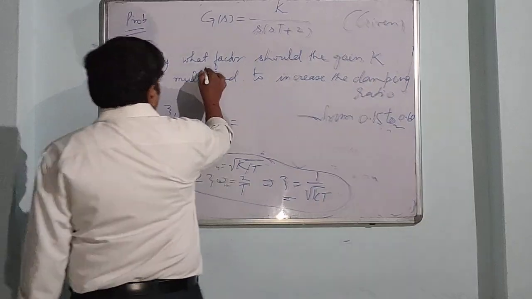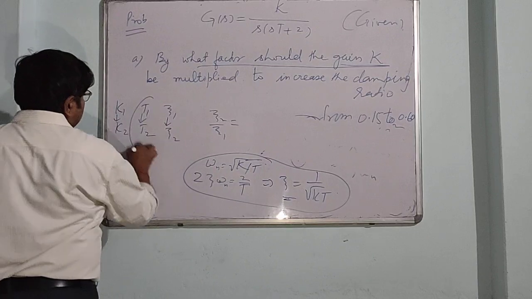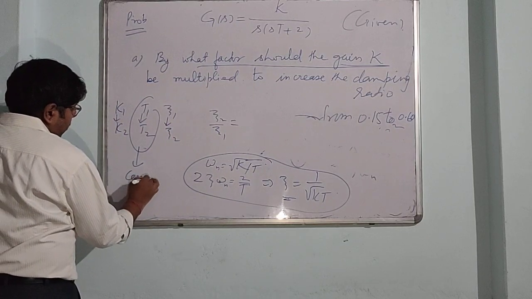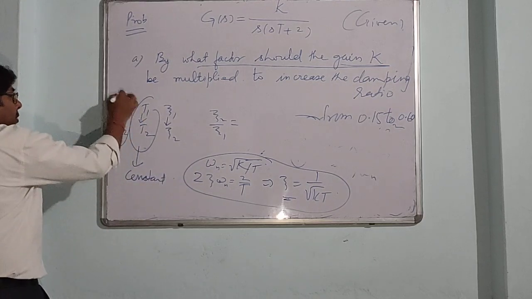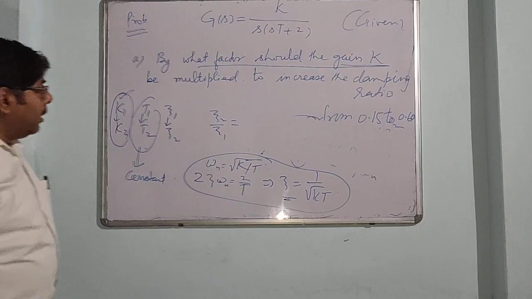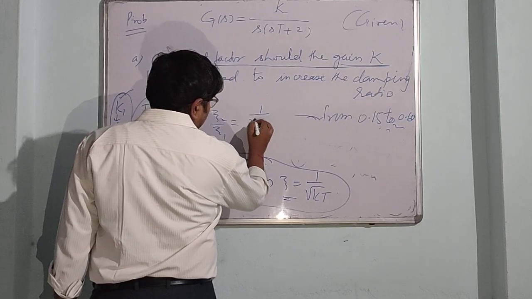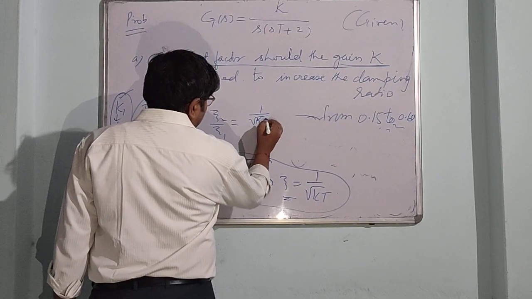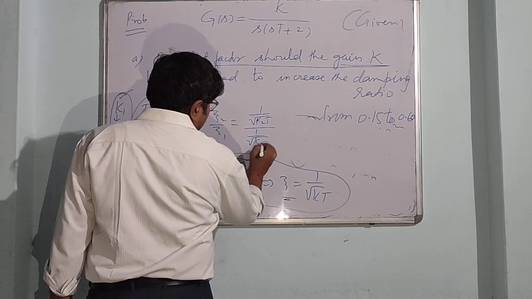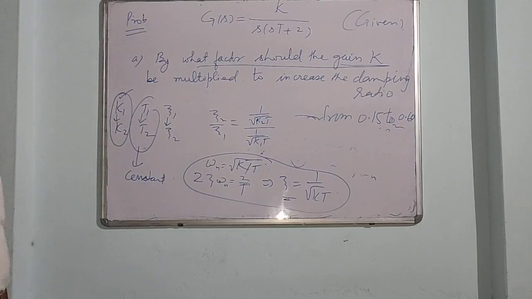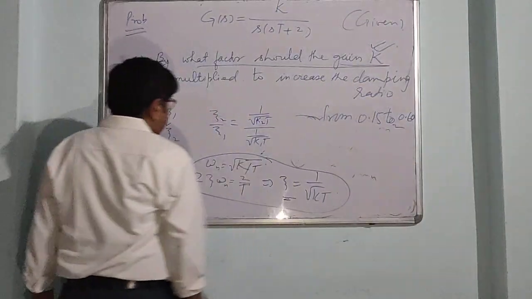So what factor should the gain K be multiplied? Suppose T is constant, then there is a variation only in K. Then we can calculate: zeta 2 equals 1 upon under root K2 into T, and zeta 1 equals 1 upon under root K1 T. Only K is changing in this case, T is constant.